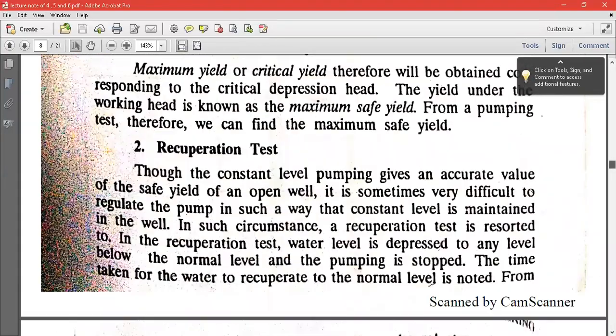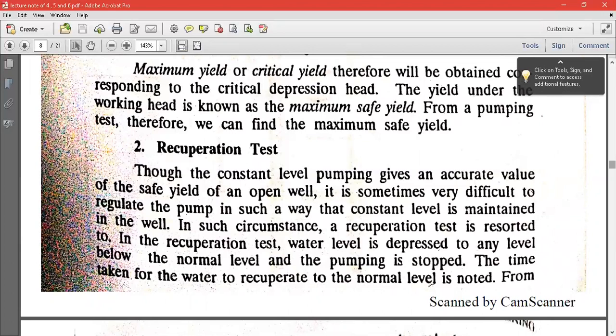So why the recuperation test? Because in the constant head pumping method, although it gives us the accurate value of yield, that is the discharge in an open well, the limitation is that adjusting the pump is very difficult. There may be problems in adjusting the pump to get an accurate analysis of the discharge.